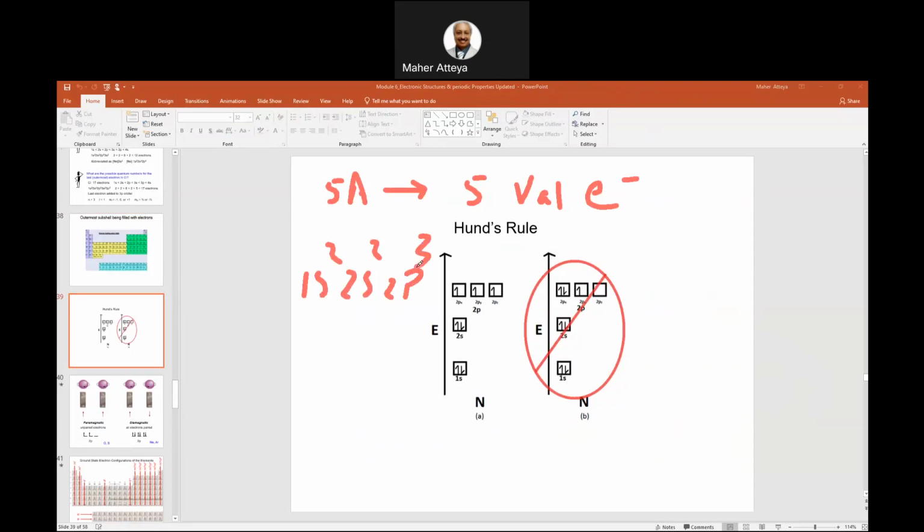Because the atomic number is 7, so it has 7 electrons: 2, 2, 3 makes 7.